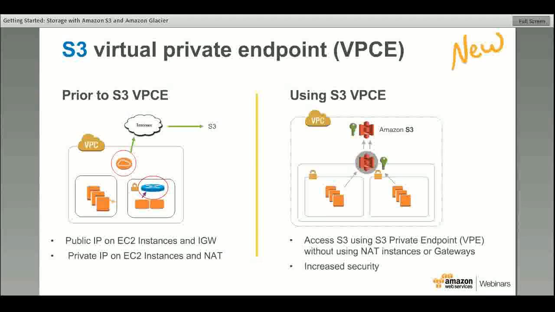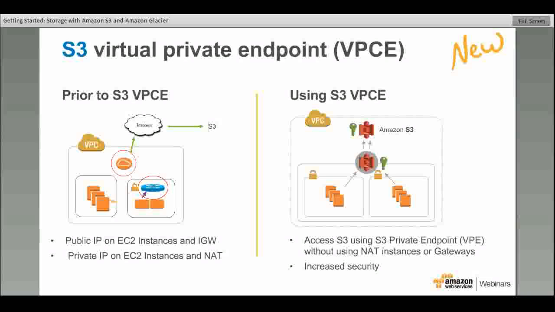Another highly requested feature we recently released, as a matter of fact, we released it last week, is virtual private endpoints for S3, or VPCE. That's a catchy acronym. Before VPCE, for customers using our compute services, they were accessing S3 as an external internet service.